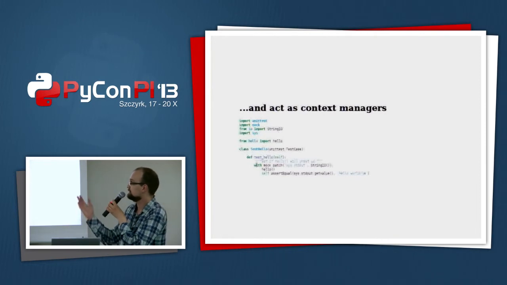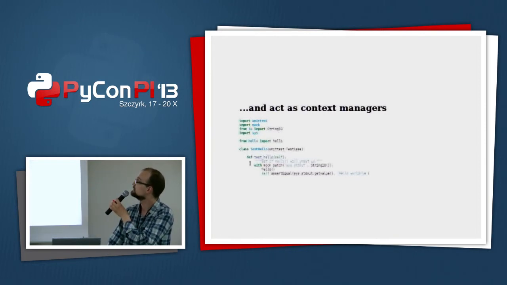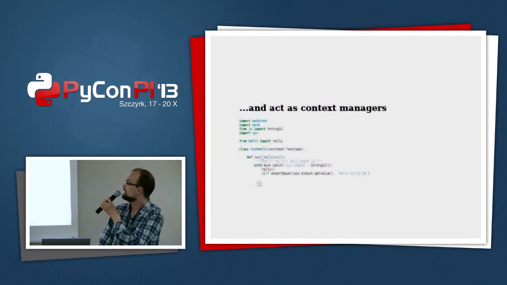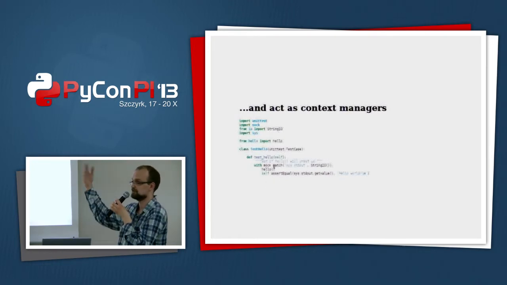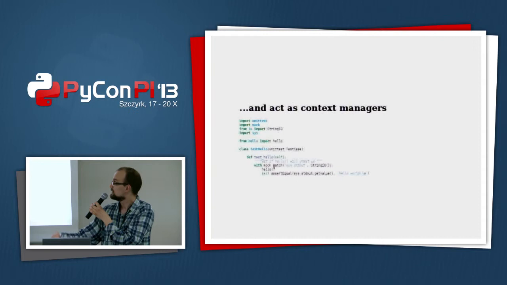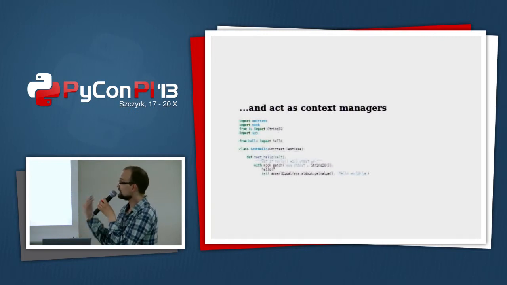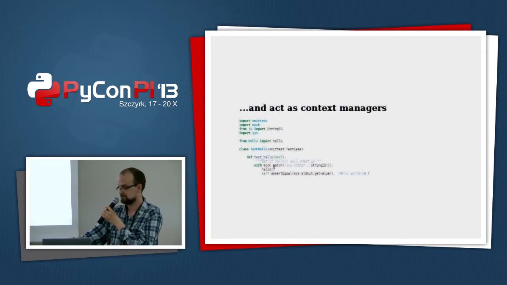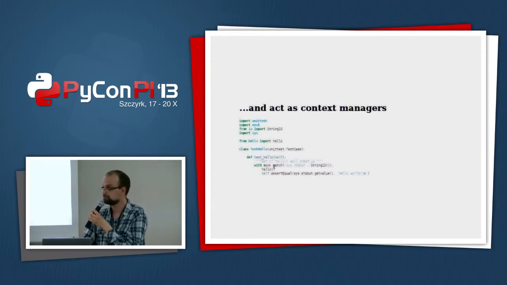It's in fact syntactic sugar, but it looks very, very simple here. The sys.stdout would be mocked here in this block, and after we leave this block, we would get sys.stdout as it was originally.